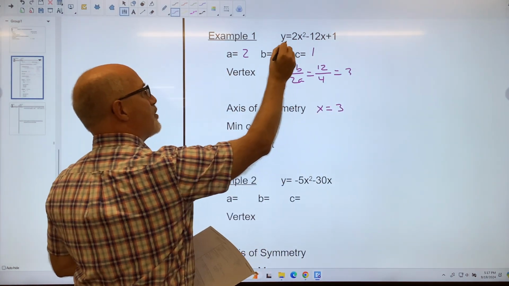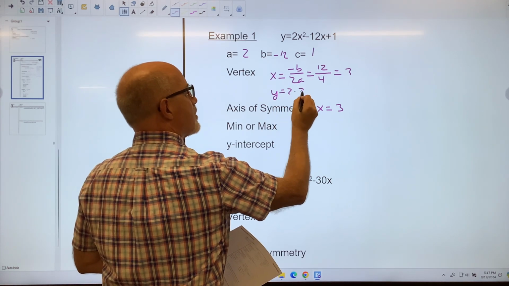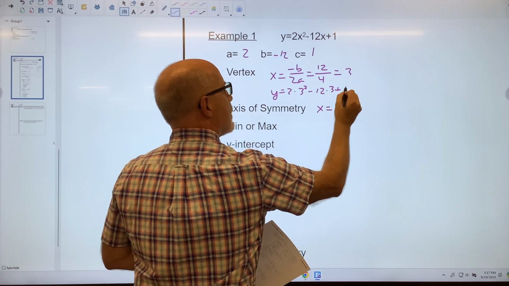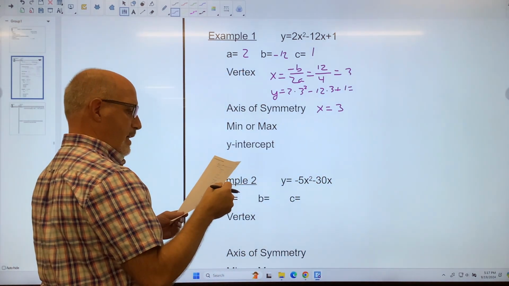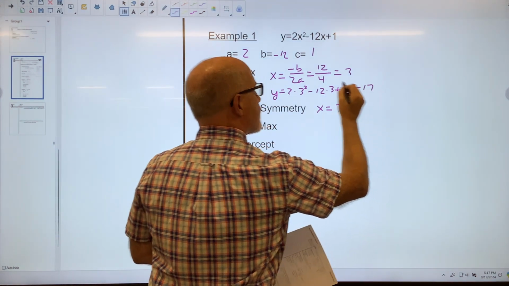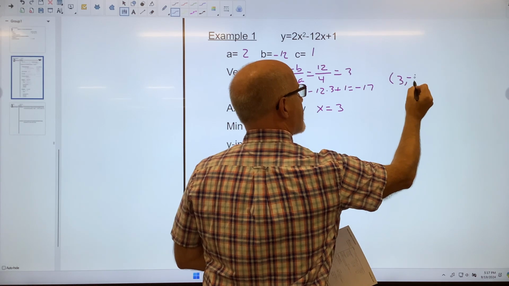We have to substitute it back in to get the y value. So 2 times 3 squared minus 12 times 3 plus 1. We do that calculation and get negative 17. So my vertex here would be 3 comma negative 17.